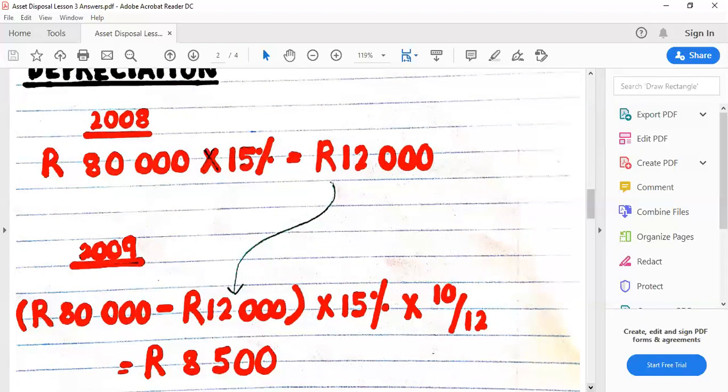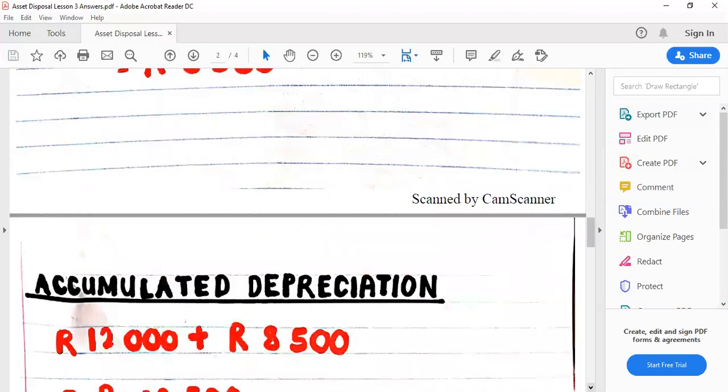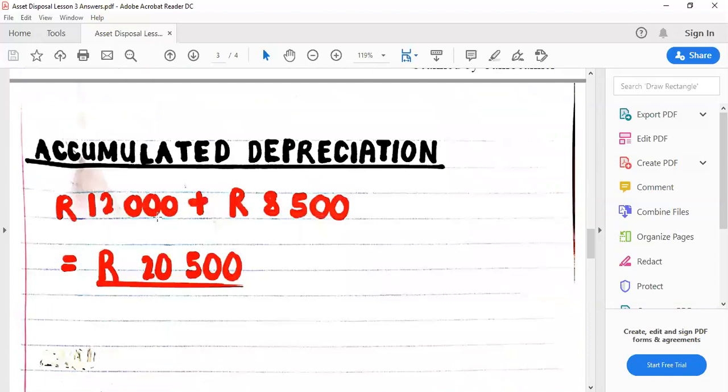So it is going to be this 12,000 Rand here for the year 2008, and this 8,500 Rand here for the year of 2009. And so when you input that on your calculator, the 12,000 plus the 8,500 Rand, you're going to get 20,500. That is your accumulated depreciation.